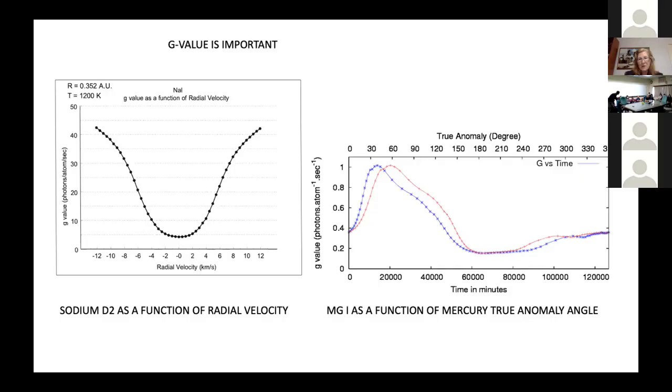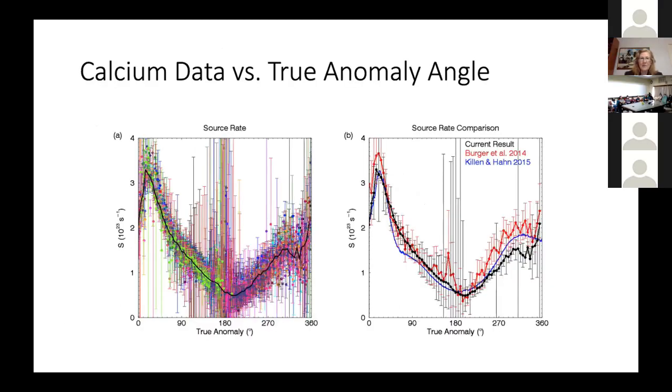Magnesium, the magnesium line, is not inside of the Fraunhofer line, and so it's not symmetric with respect to plus and minus Doppler shift, and that makes it very asymmetric with respect to the true anomaly of Mercury. And the other thing, this is calcium.